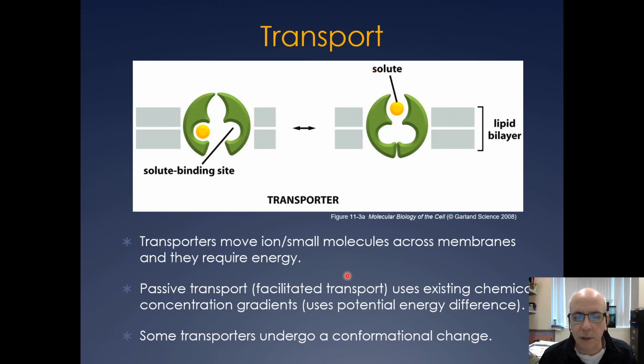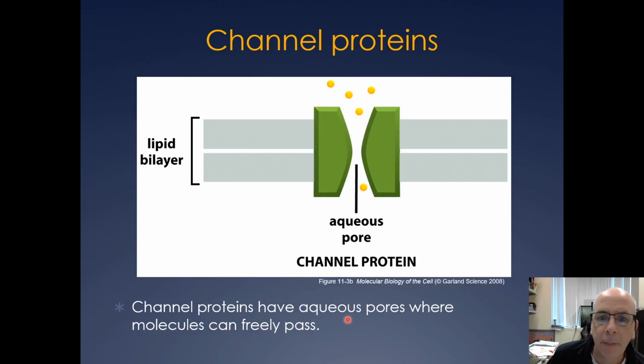There are two types of transport. You can have passive transport, which is facilitated and uses the existing electrochemical or chemical concentration gradients. And then you can have active transport, which requires some sort of energy like ATP. We've seen some that use ATP already, and we'll see some more in a little bit.